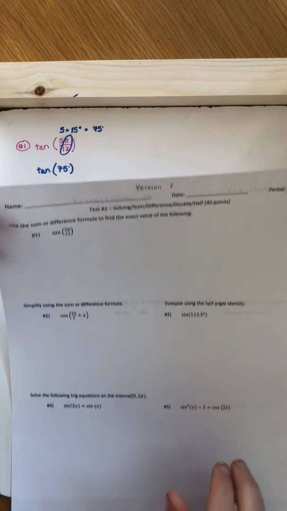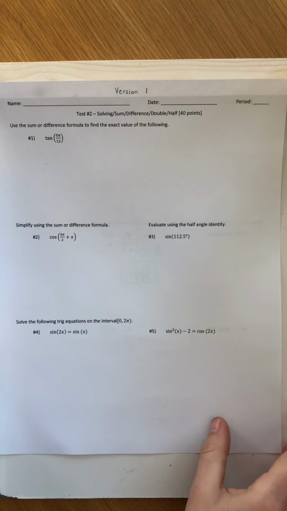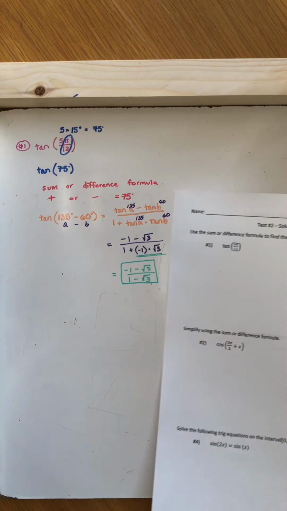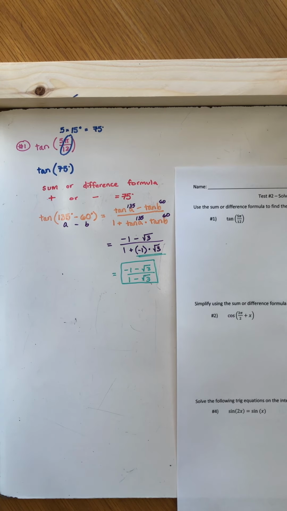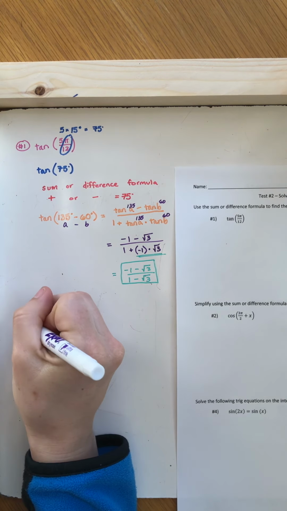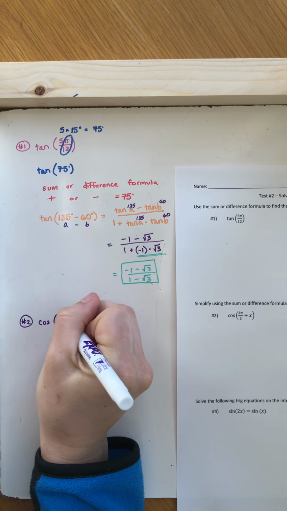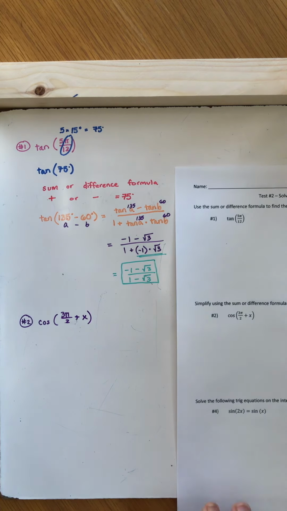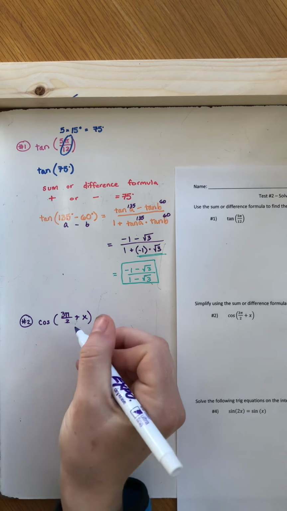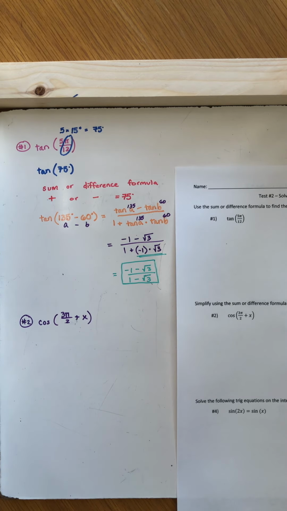All right. Problem number 2 says simplify using the sum or difference formula. So I have cosine of 3 pi over 2 plus x. So this is a cosine, and since I'm adding, it's going to be an A plus B formula.